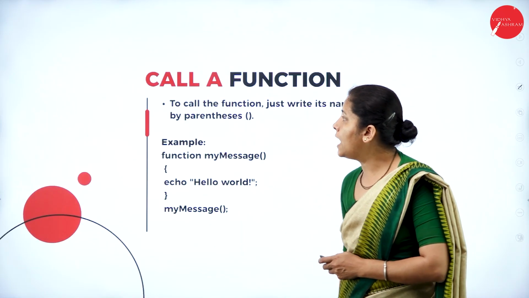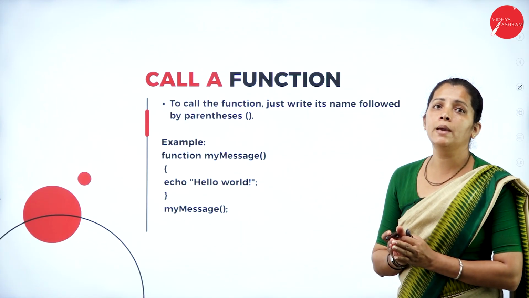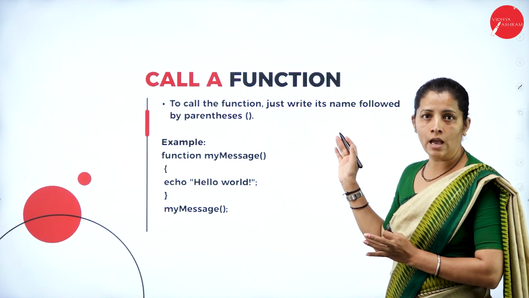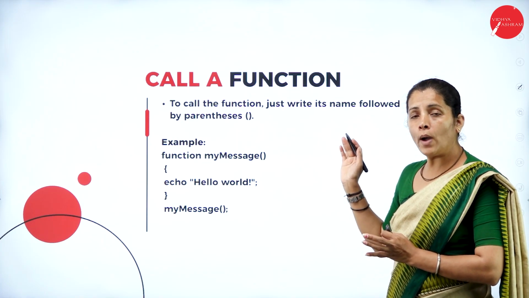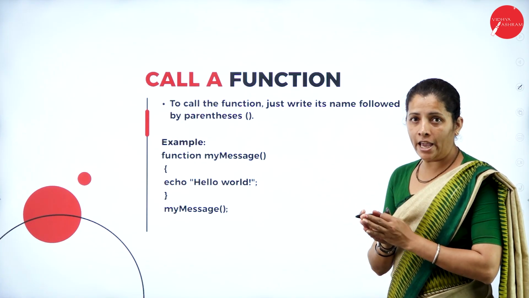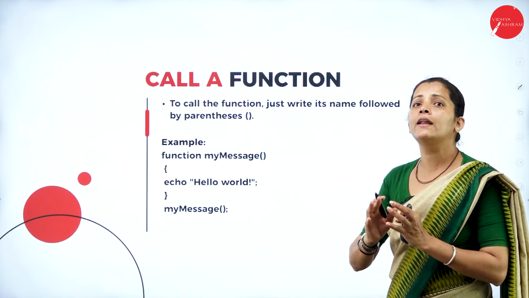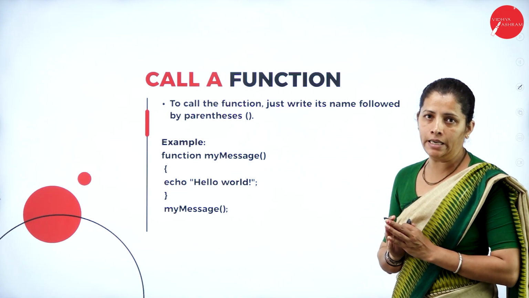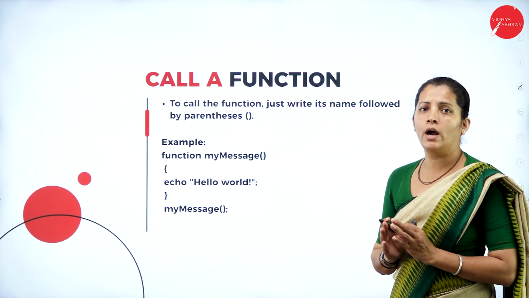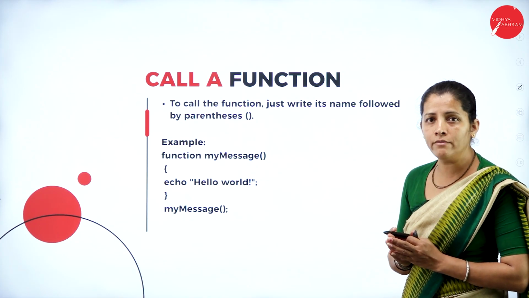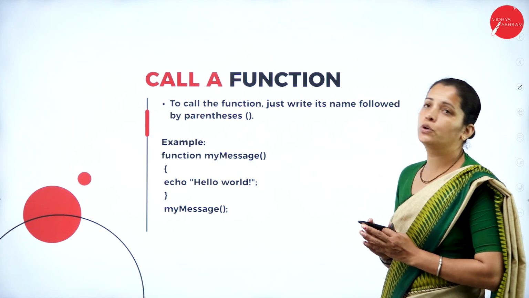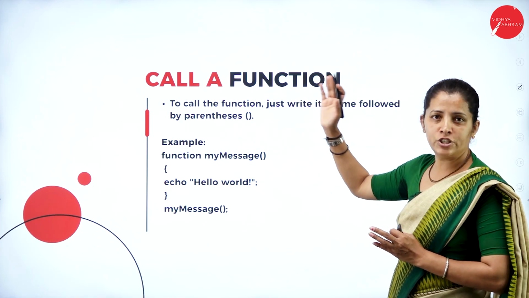Now see how we can call a function. As we know, when I load a page, functions are not called automatically. So what do I want to do? I want to call the function manually. For that, I'm going to have the function call.